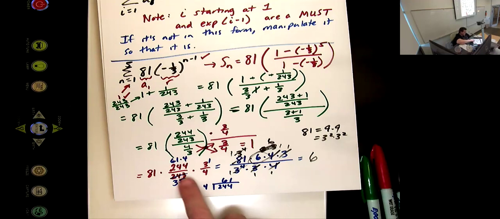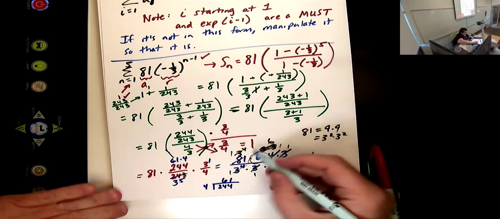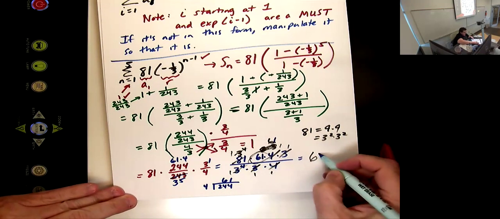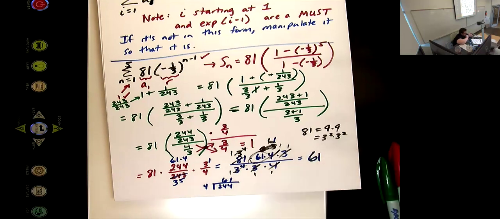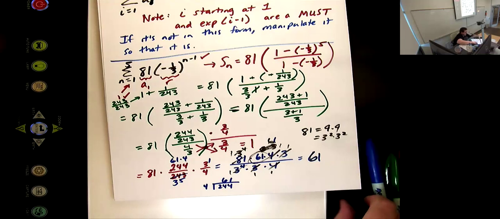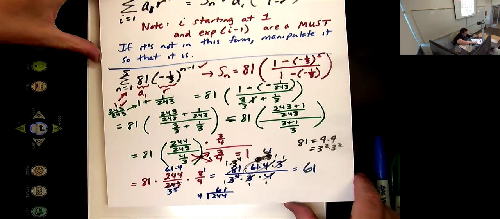Wait. Oh, that's not a 6, that's a 61. Yeah, still a nice whole number. I'm like, don't believe me, check it. And he's like, I will.